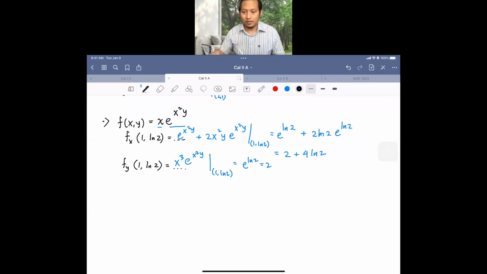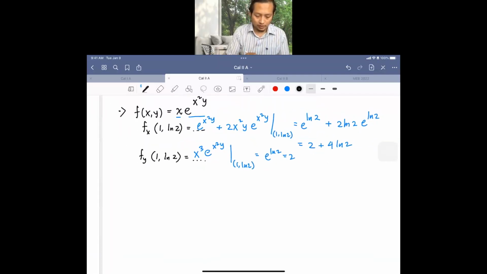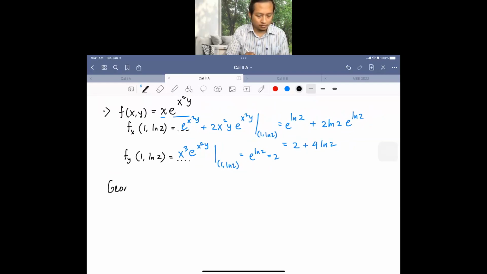Okay, I think we can move on to the other section, which is the geometric interpretations.